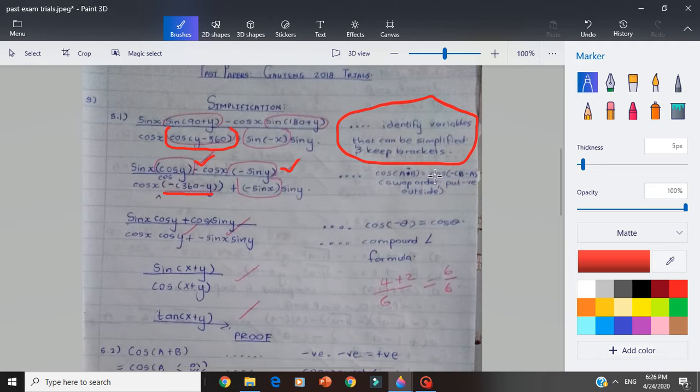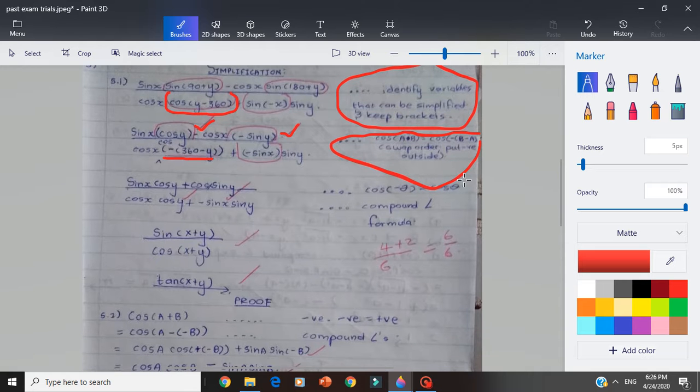We know that cos of any negative angle theta is cos of that angle. Right, and that's the same thing I just said over here.